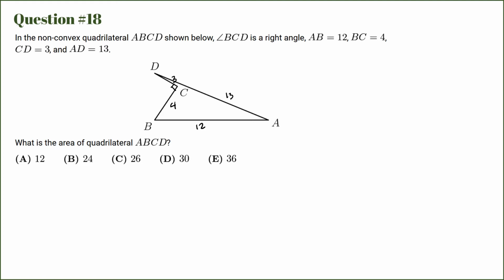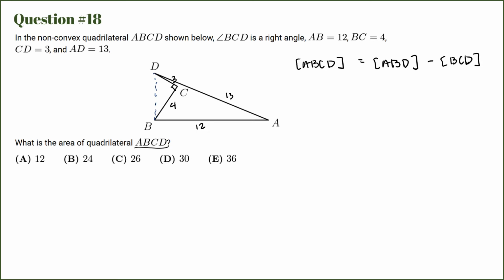Okay, well, first of all, let's draw a little line here. We know that the area of quadrilateral ABCD is equal to the area of triangle ABD minus the area of triangle BCD.